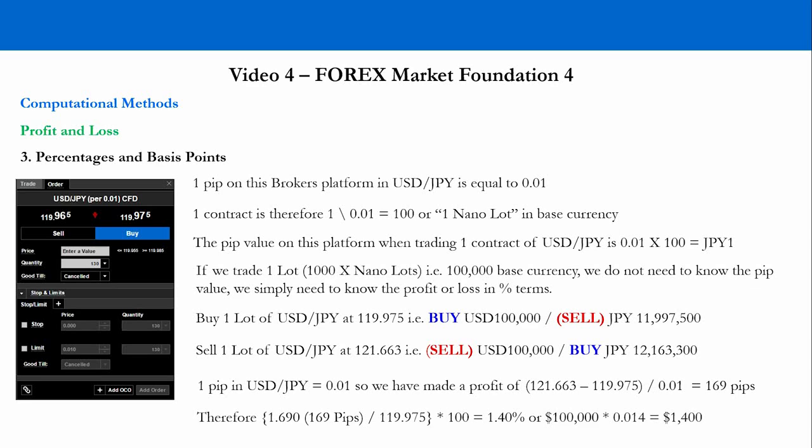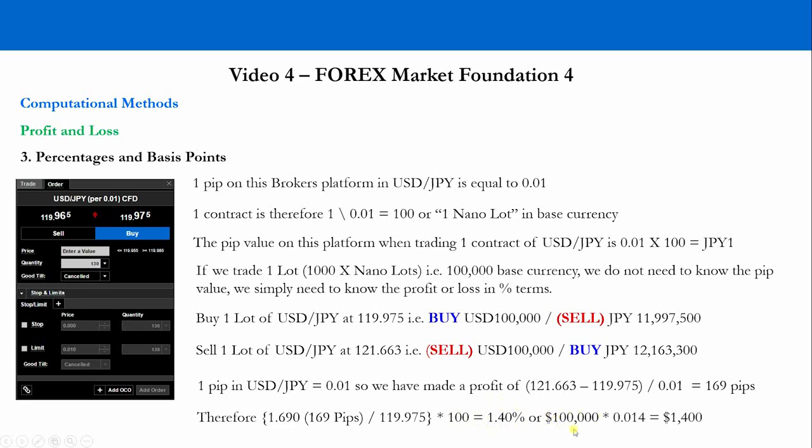All we need to know is the profit or loss in percentage terms. So if we did exactly the same trade, all we have to do is work out what 169 pips is as a percentage of the exchange rate when we put the trade on. Multiply that by 100 and we get 1.4%.